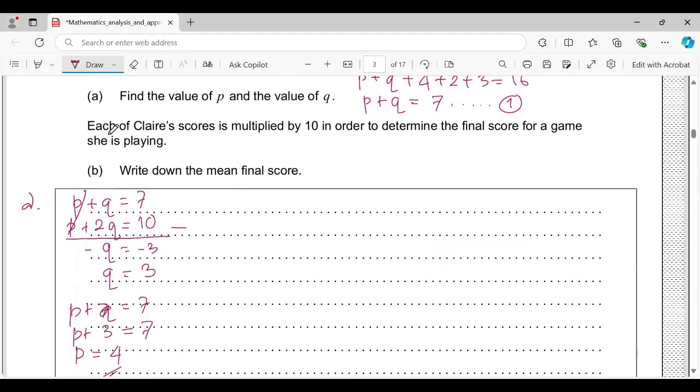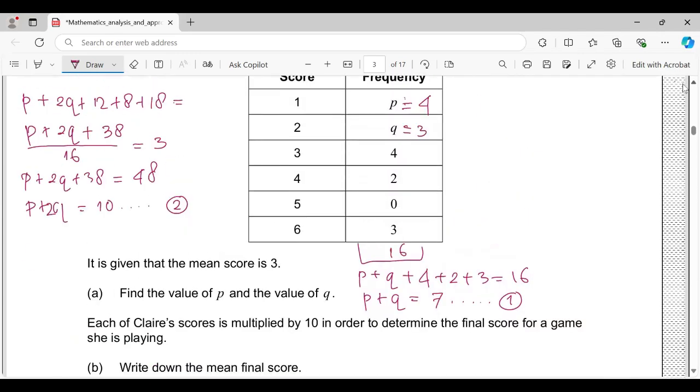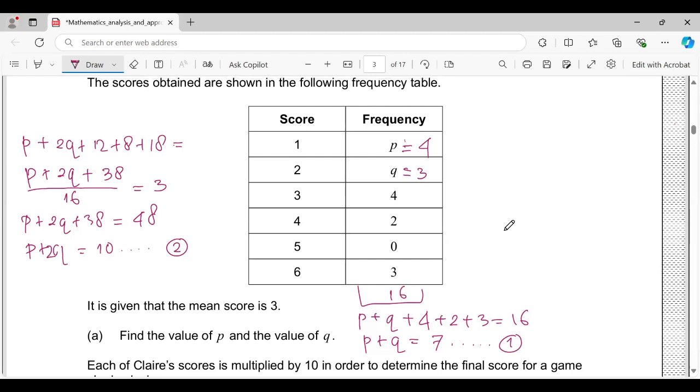Next. Each of Clay's scores is multiplied by 10 in order to determine the final score for a game she is playing. Write down the mean final score. Right. To find the mean final score, we have to calculate 1 times 4 times 10, according to this information multiplied by 10.